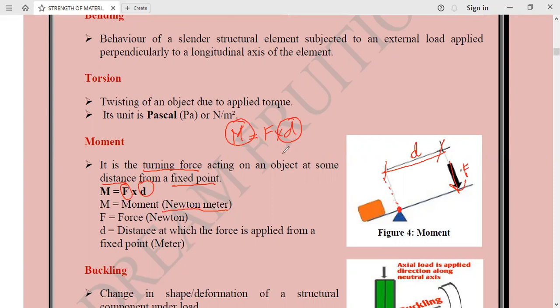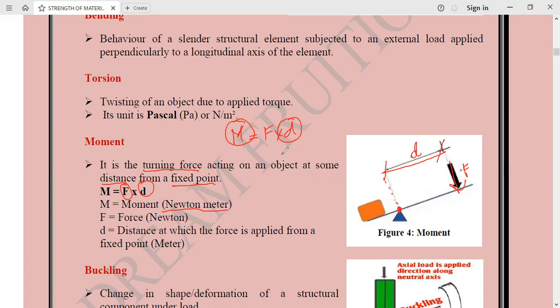I will give you an example. If you have two screwdrivers of different lengths, one with a bigger length and another with a smaller length, and you try to open a screw, then you will see that if you are using the screwdriver with a bigger length, you will be able to open the screw easily. Why does it happen?